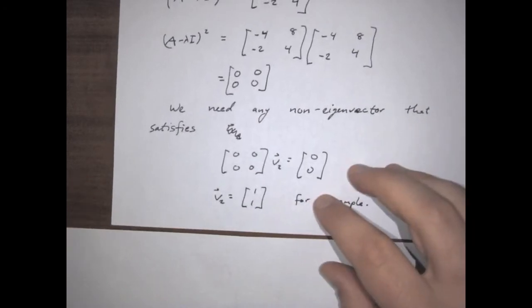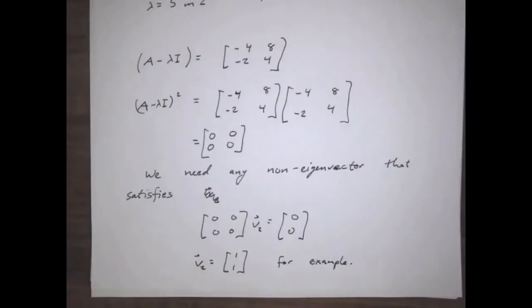Okay, so if that is going to be the one that we're going to choose, and we just took that basically out of thin air, then given this, we can find the v1 by doing A minus lambda I times that.